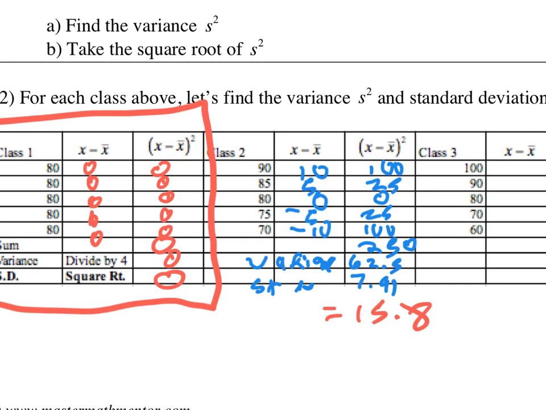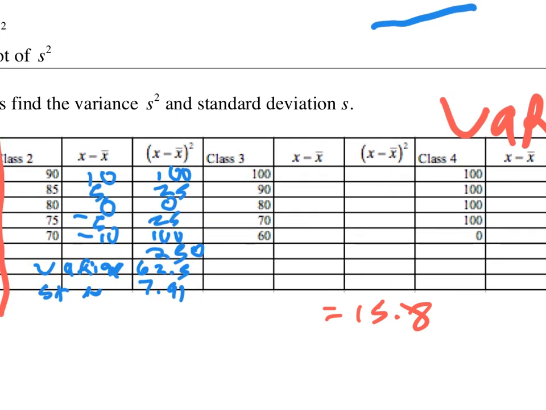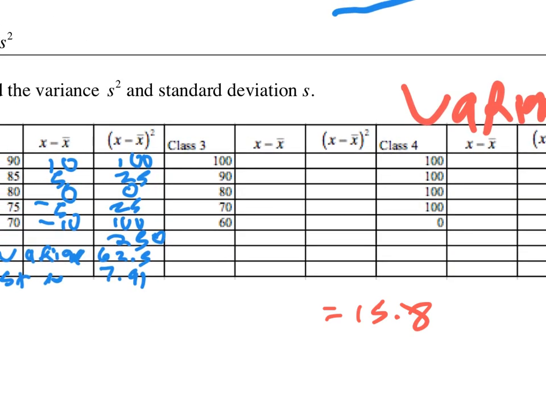There's more variance from the mean. Whereas when the mean was 80, and they're all 80, they never differed from the mean. We already did class 3. We did this one already. What was our answer? Wasn't it 15.8? I'm going to write it here just in case you're going back and you're going to use that maybe.